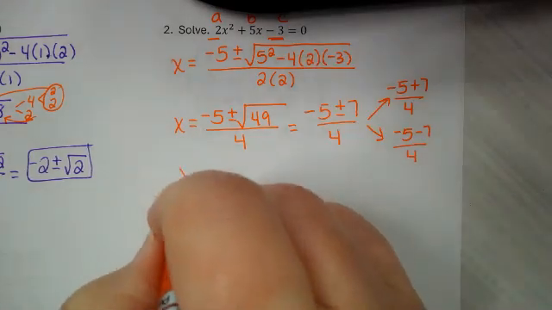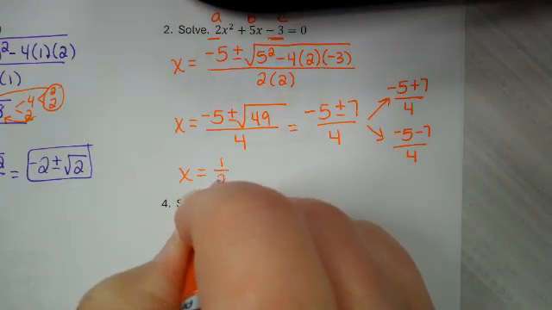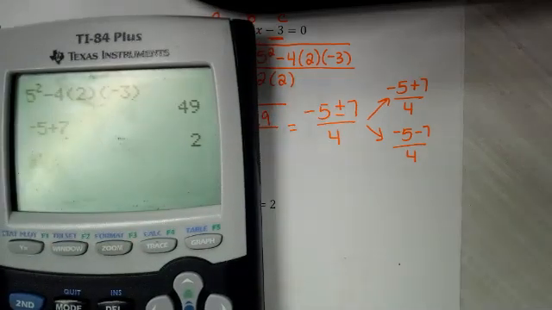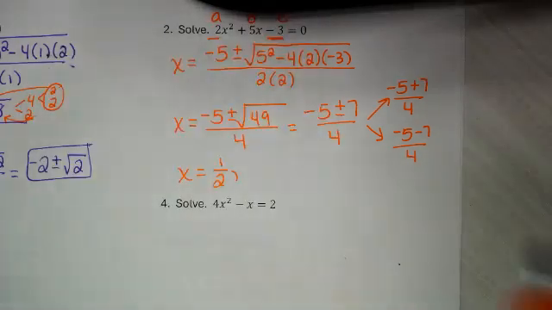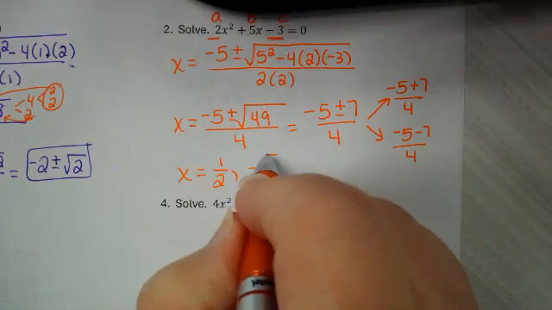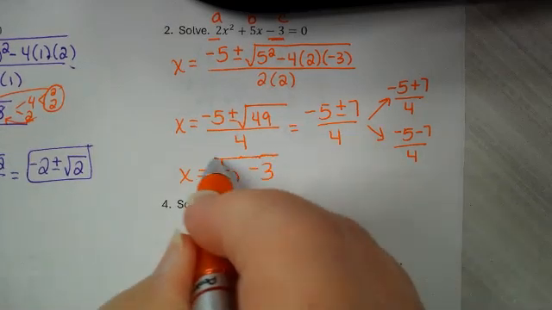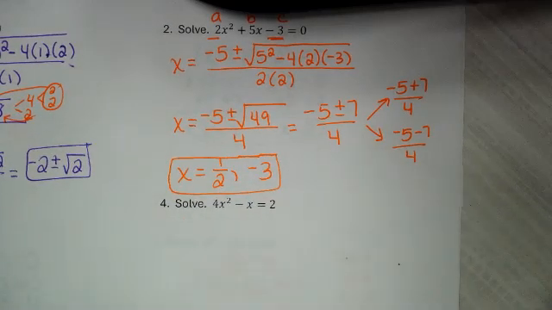And 2 over 4 is 1/2. And then negative 5 minus 7 is negative 12 divided by 4 is negative 3. So those are my two answers to this problem.